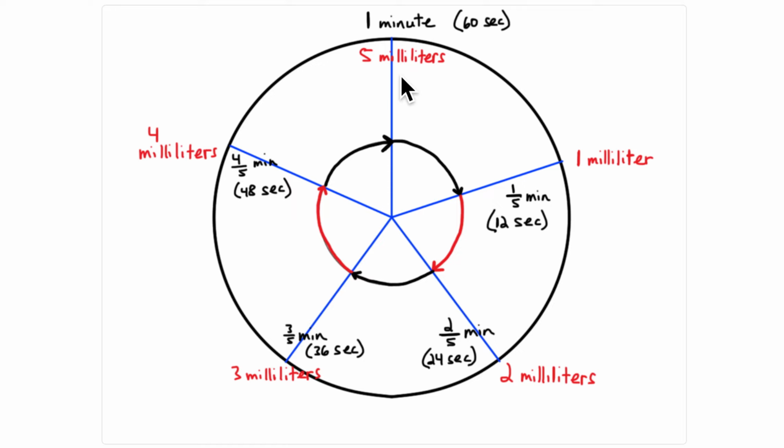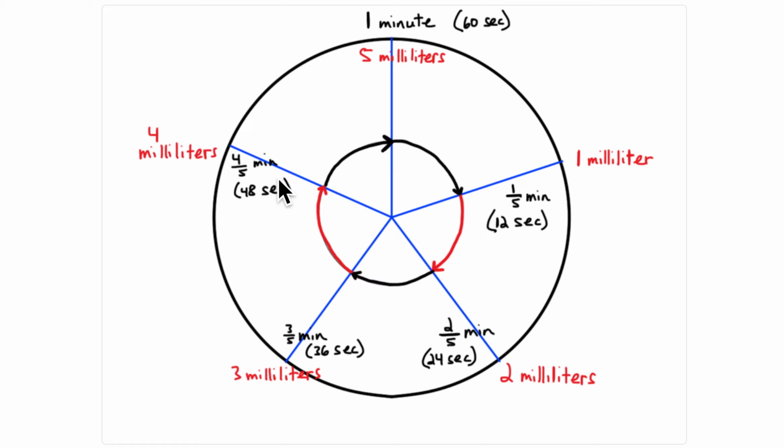That means that if I go around this circle for 1/5 the time, I'm going to measure 1 milliliter. It's 1/5 of a minute per milliliter. So it's 12 seconds per milliliter. Another 1/5 of a minute or 12 seconds, 2 milliliters. Another 12 seconds or 1/5 of a minute, 3 milliliters.